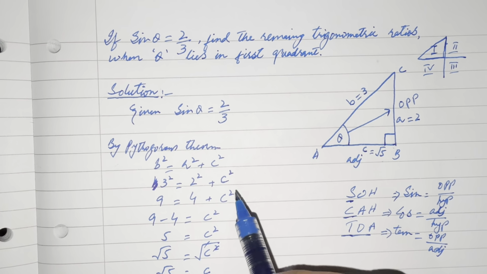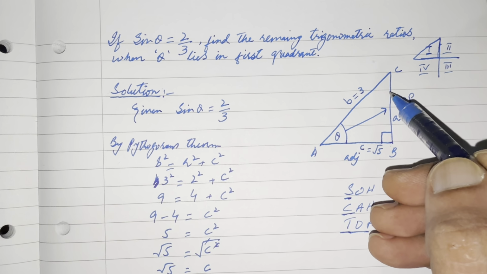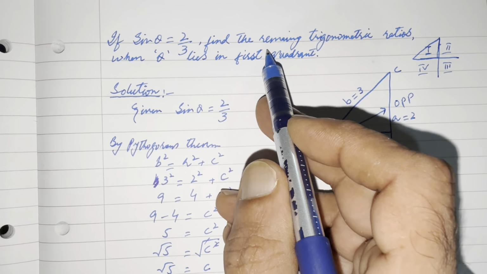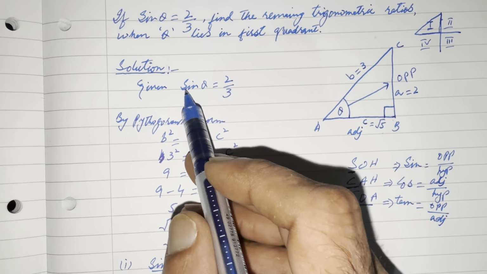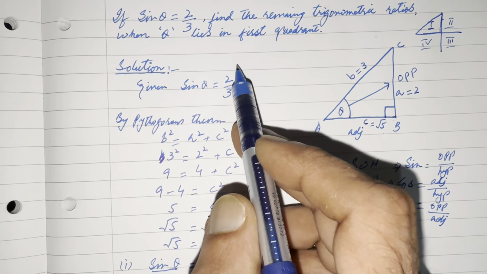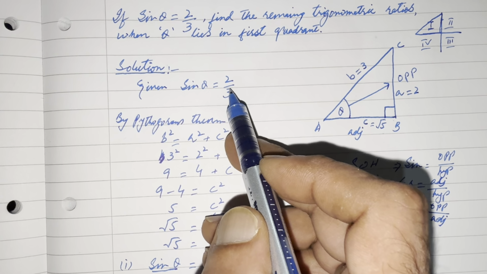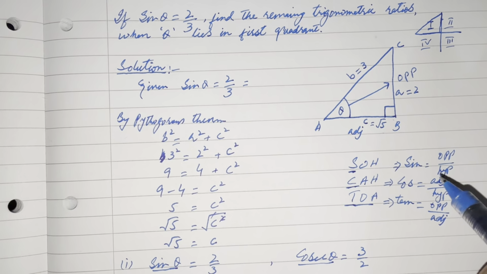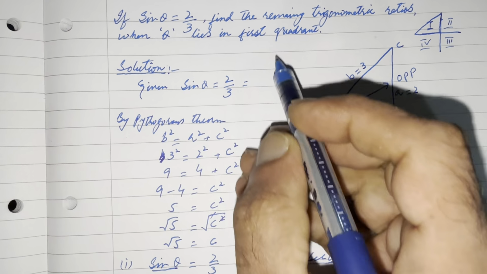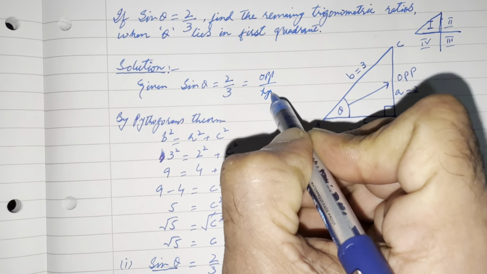So we have drawn the picture of the right angle triangle with the help of this statement, and then the first step, with the help of given ratio sine theta is equal to 2/3, we have found the two sides of the right angle triangle, as sine theta always represents the opposite side over hypotenuse.